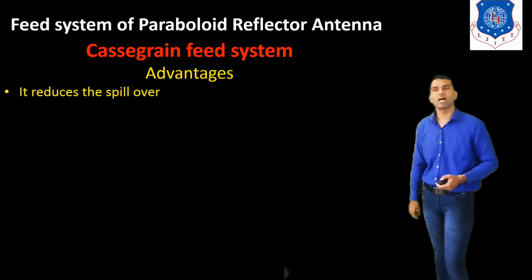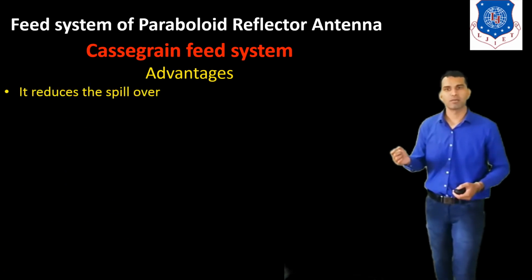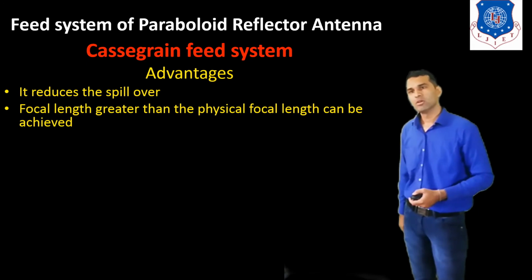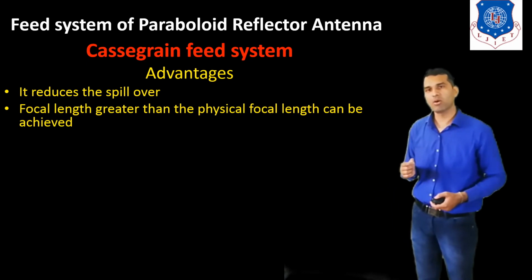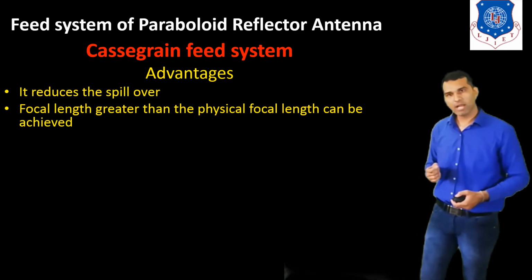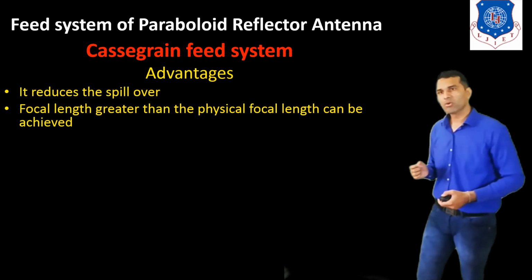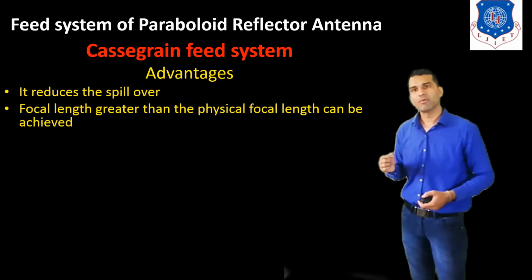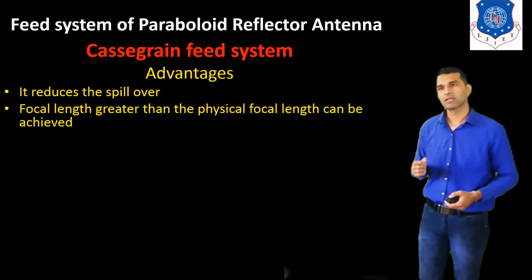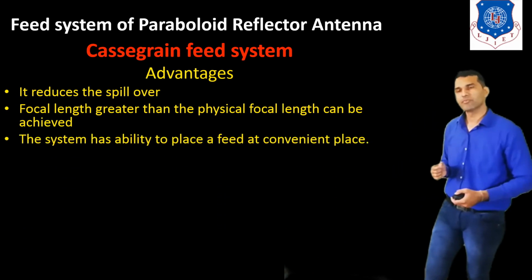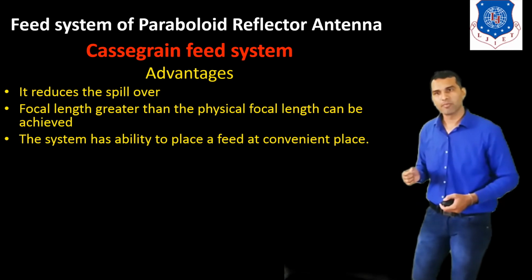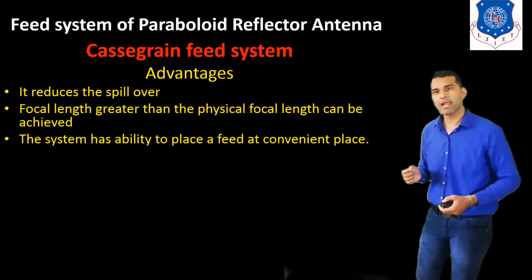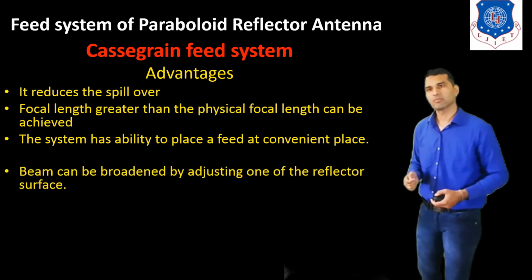Now we discuss the advantages of this feeding system. The first advantage is that it reduces the spillover. The second advantage is that a focal length greater than the physical focal length can be achieved. The third advantage is that the system has the ability to place the feed at a convenient place.